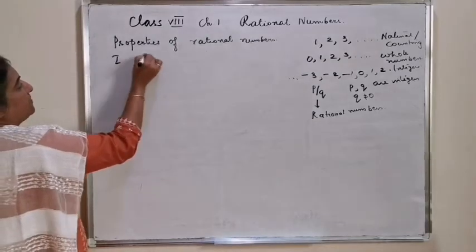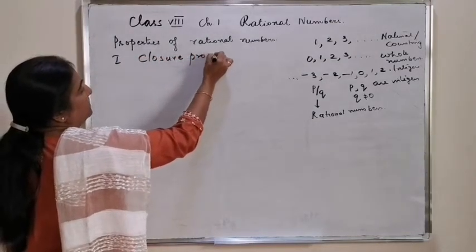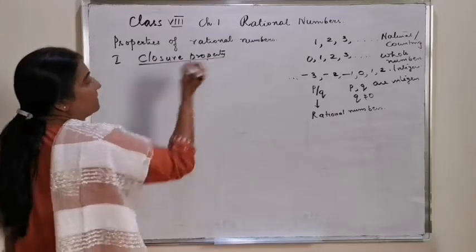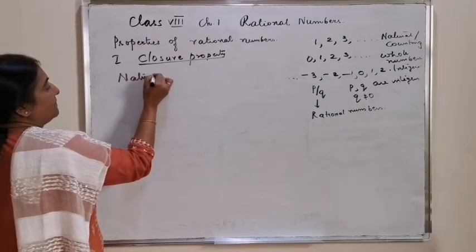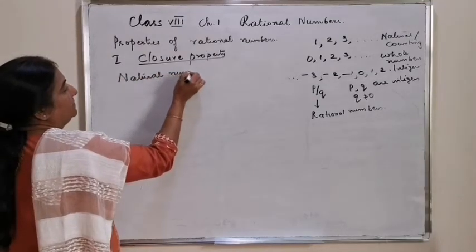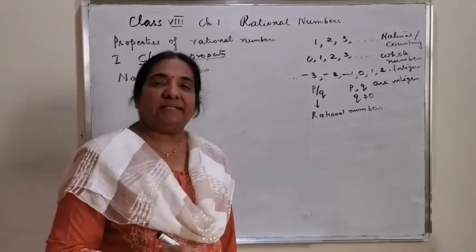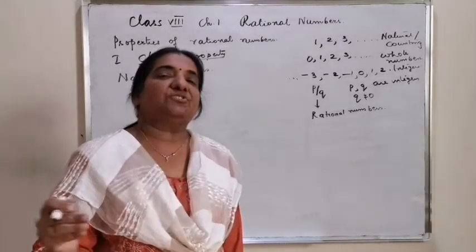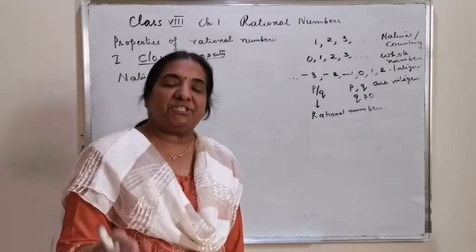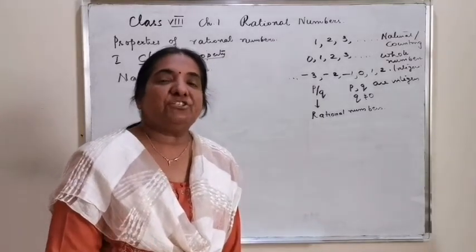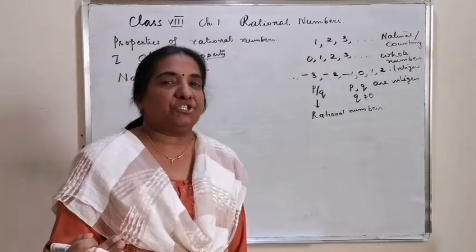The first property is closure property for natural numbers. That is, we have to prove whether addition of natural numbers satisfies closure property, and whether subtraction, multiplication and division of natural numbers satisfy the closure property.